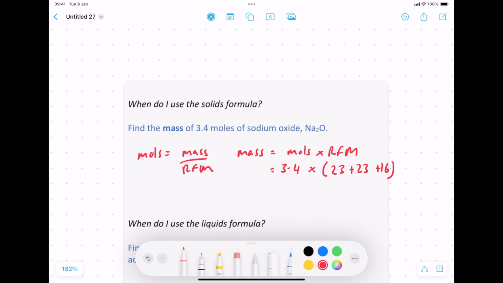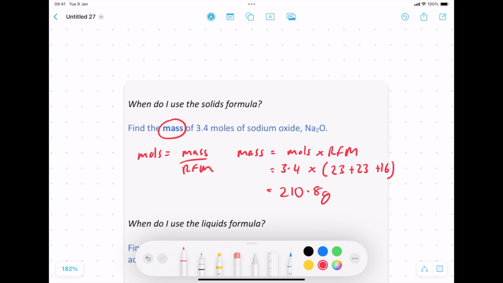So grab your calculator, let's do this together. 3.4 times brackets 23 plus 23 plus the 16 gives us, to 1 decimal place, 210.8 grams.